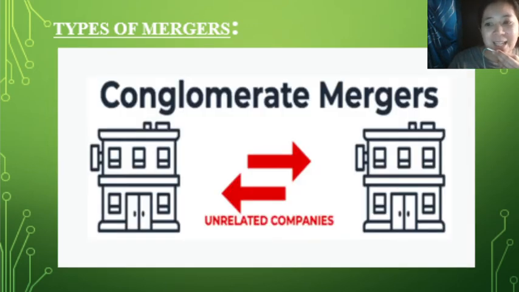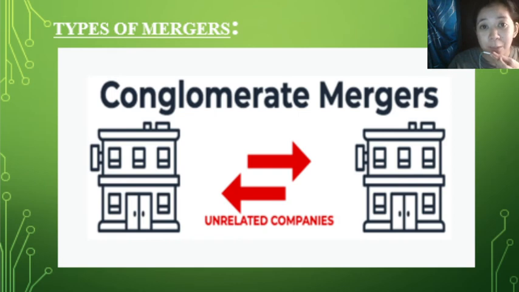And the last is the conglomerate merger. A conglomerate merger is a merger between companies that are totally unrelated. So this is just the opposite of the product extension merger. There are two types of conglomerate merger.